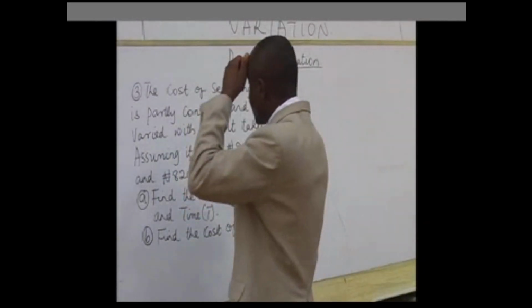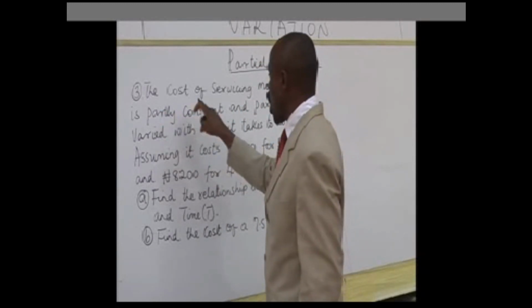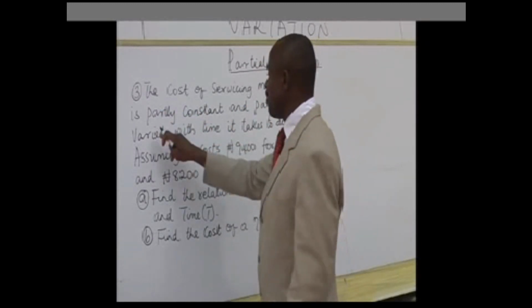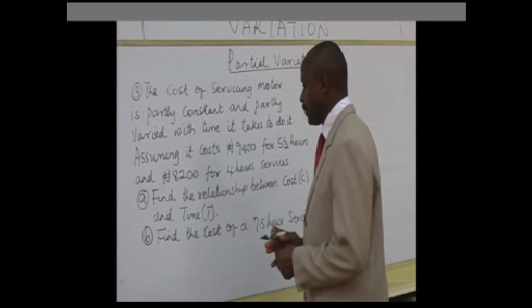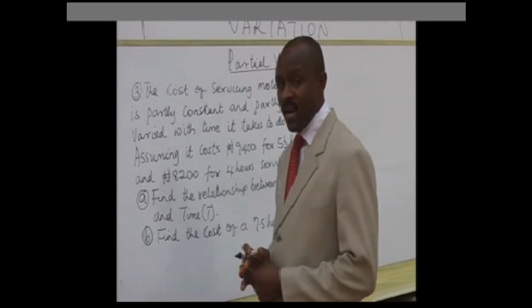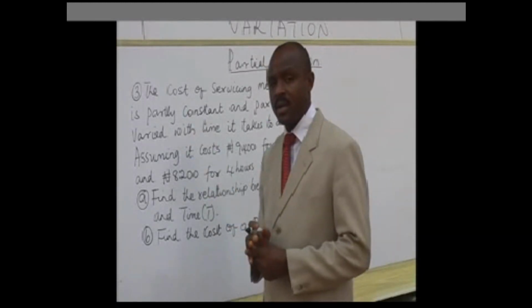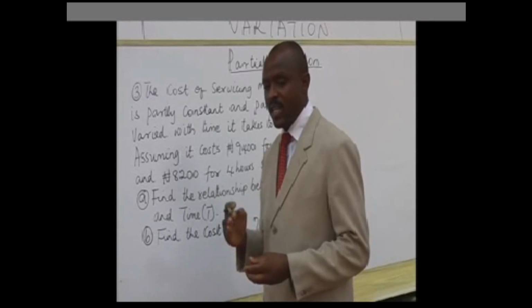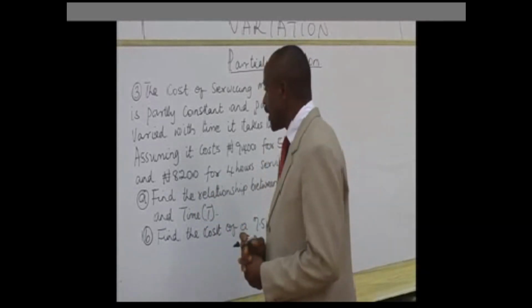Question number 3 says, the cost of servicing a motor is partly constant and partly varied with the time it takes to do it. That must be a company like Volks, the one we have in Lagos. They will charge you according to the time your service takes. Okay?